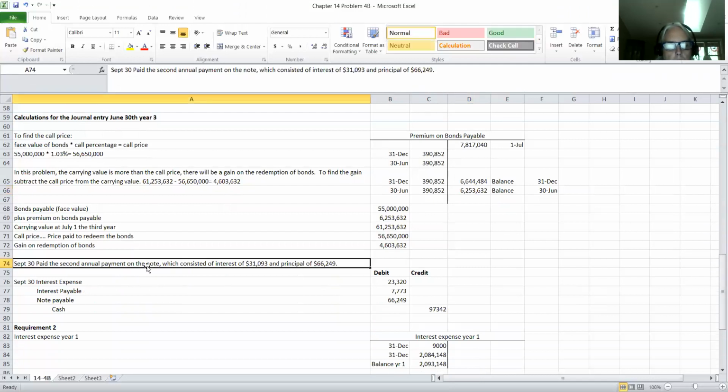Then on September 30th, we had another transaction where we pay in the annual payment on the note, which consisted of interest this time at $31,093, and the principal was reduced by $66,249.